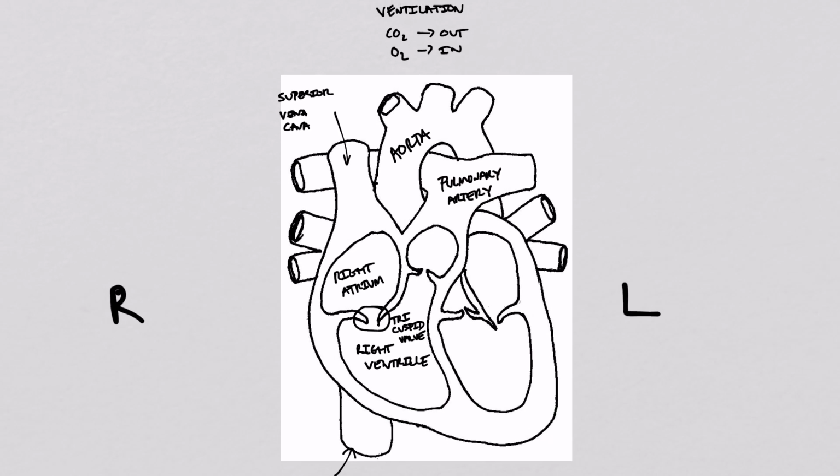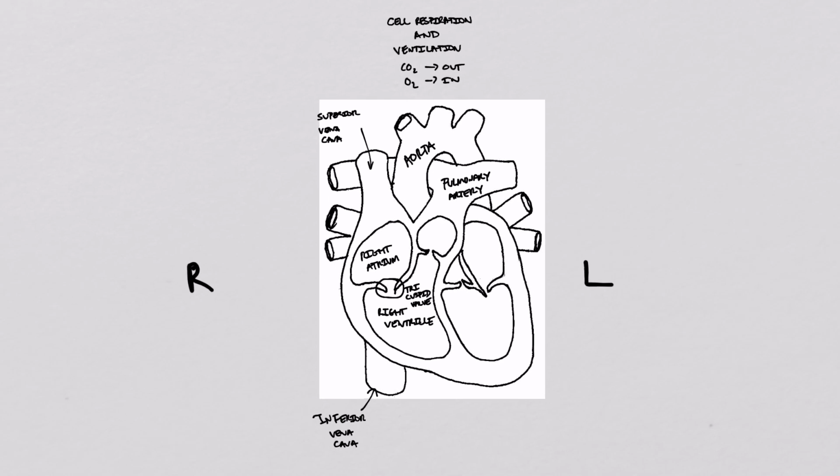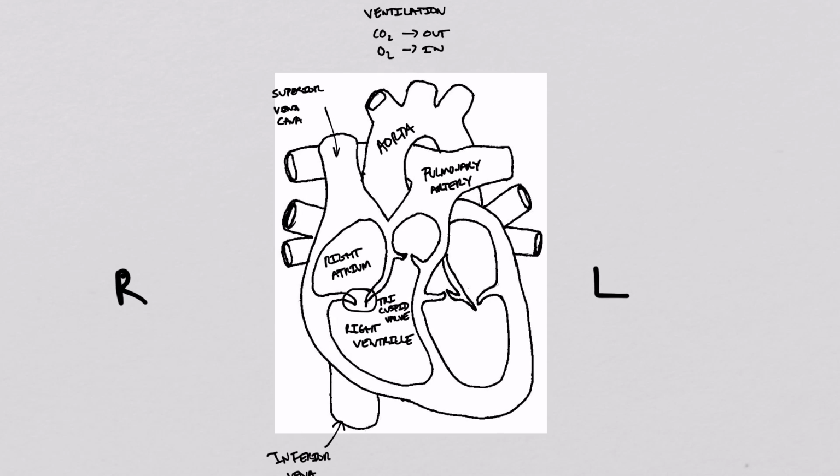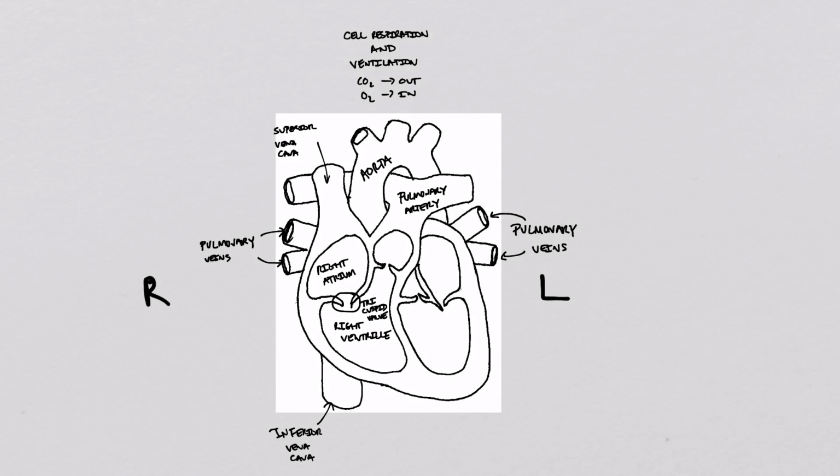Okay, next is definitely probably the hardest piece to see. But there are 4 pulmonary veins that are bringing blood back from the lungs back to the heart, and they are here. 1, 2, 3, 4. So I'm going to label them now. Okay, and then these pulmonary veins dump back into this chamber of the heart right here.